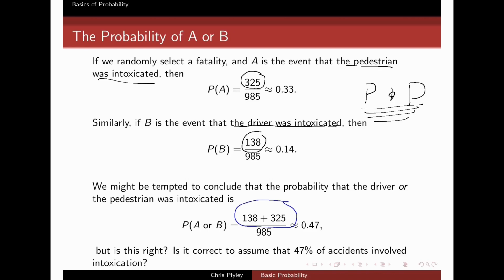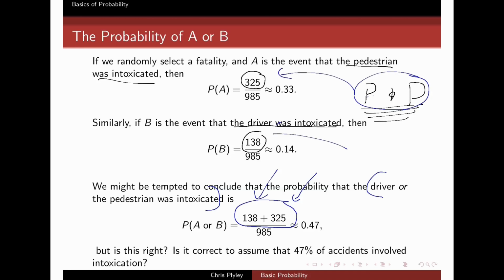When you're adding this numerator, you're trying to count up the total number of times that either the driver or pedestrian was intoxicated. And when you took this to be your count, you counted the times when the pedestrian and driver were both drunk twice, because this one occurrence is included here in these 325 cases.